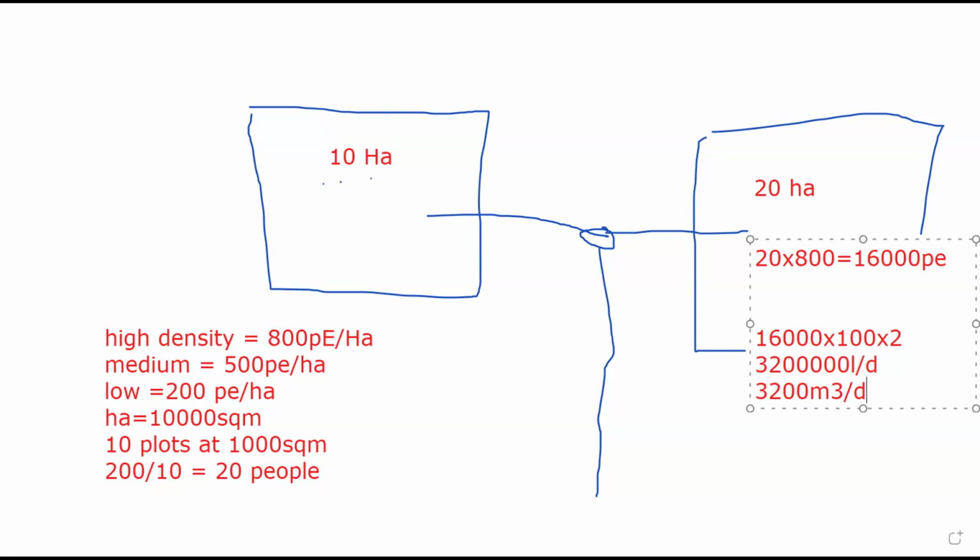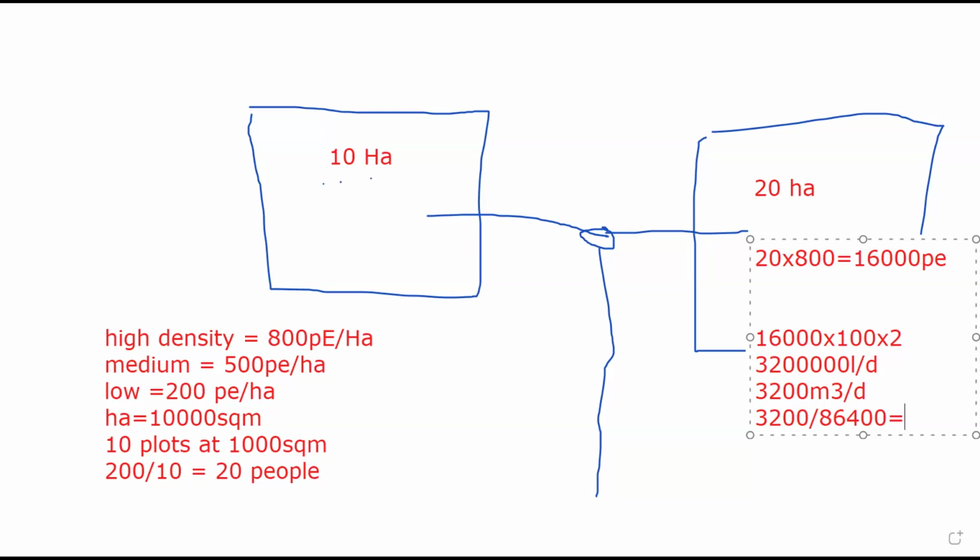So that means to design for 20 hectares of land, you then convert it to liters per second. It will give you 3200 divided by 86400.